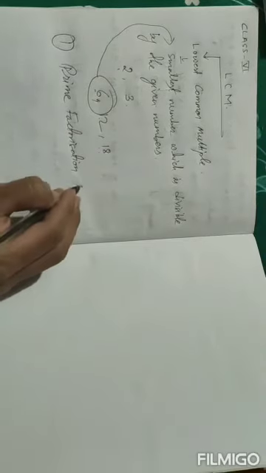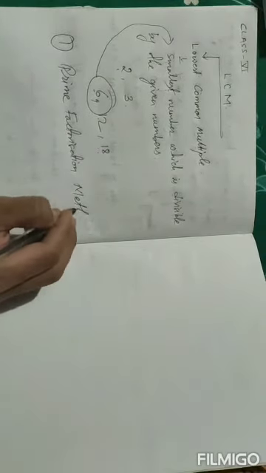Now, like in HCF, to find the LCM we have two methods, and the names are the same. Number one is the prime factorization method and number two is the division method. We'll first do the prime factorization method.